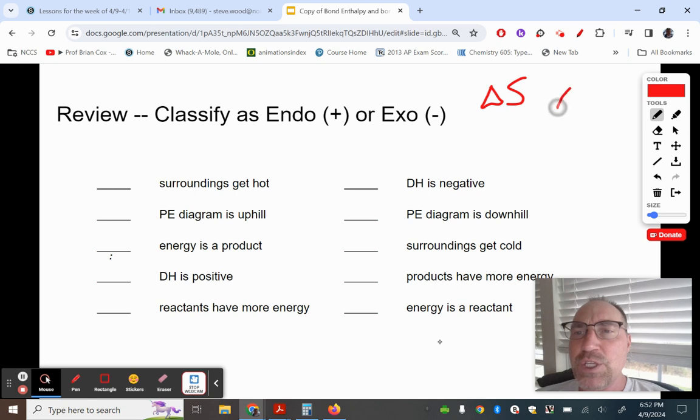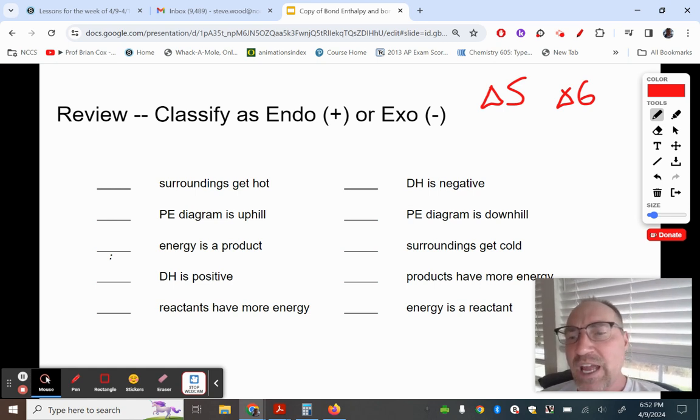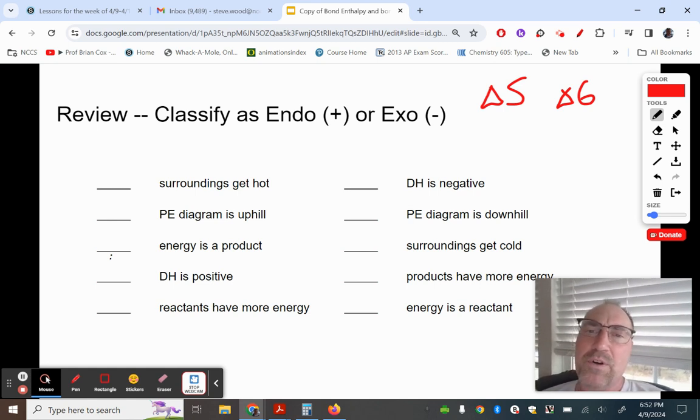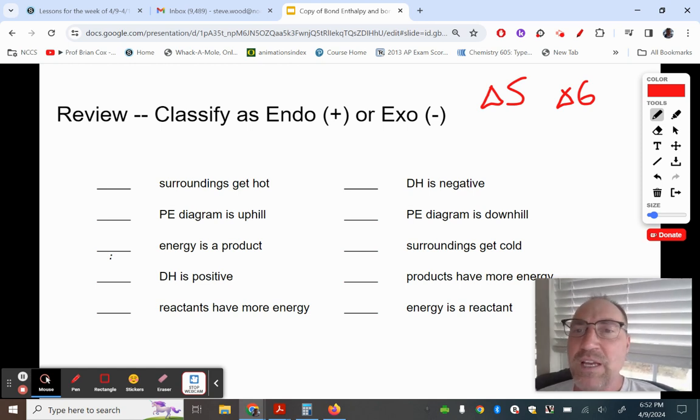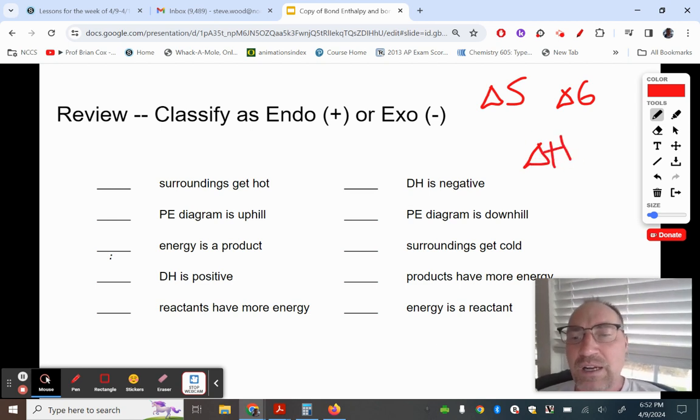And delta G relates to spontaneity, whether something occurs. If it's negative, that means energy flows out of the system, and that is good for understanding whether or not something happens. But the most common one is delta H, or enthalpy, which is the heat related to a system.